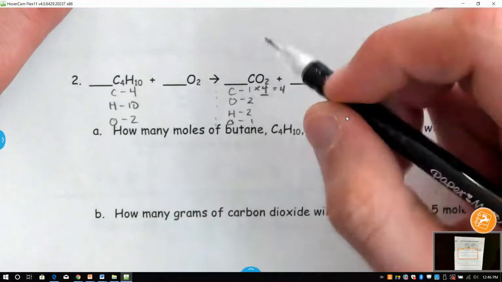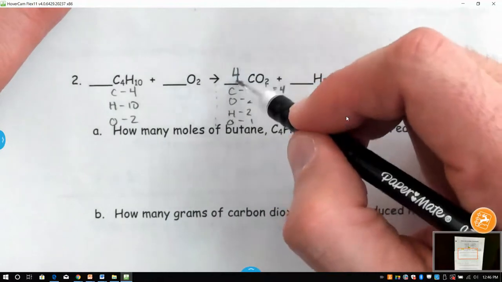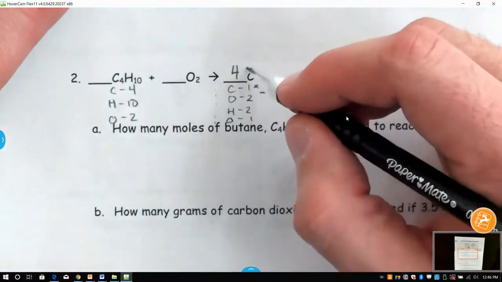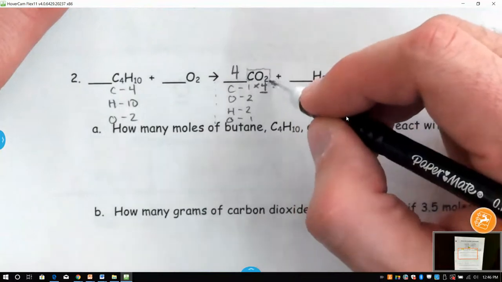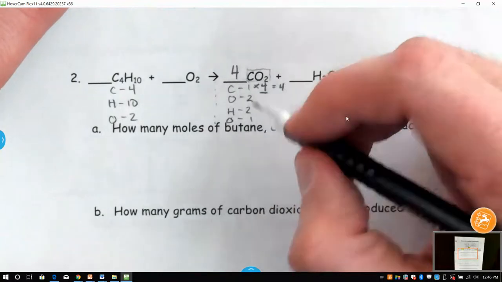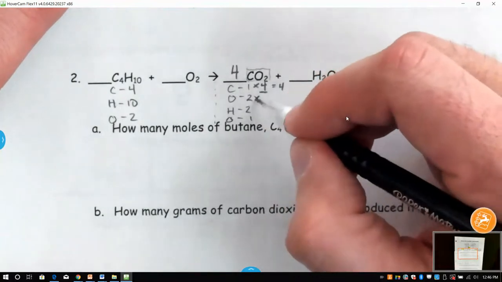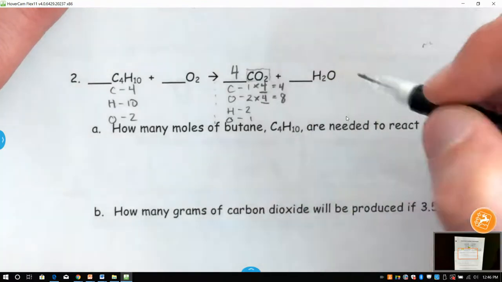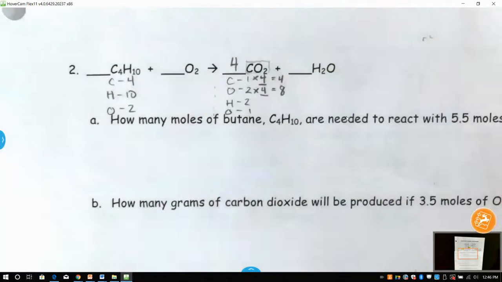Whatever you multiply becomes the coefficient, but that coefficient applies to that whole compound. So the O2 had to get multiplied by 4 as well. 2 times 4 is going to give me 8. Okay, currently carbon are balanced.